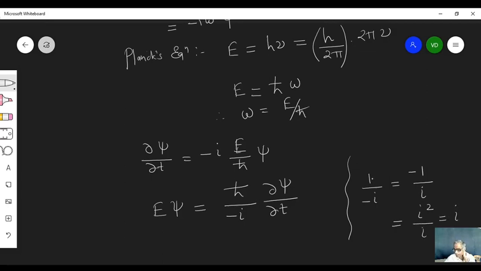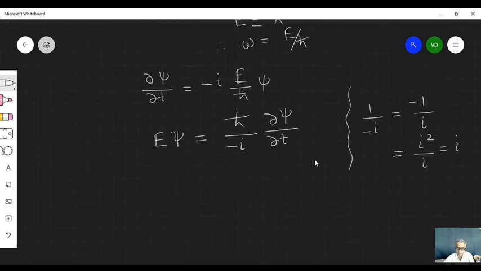You should remember that 1 divided by minus i is just minus 1 divided by i, and minus 1 is i square, so i square divided by i equals i. So I can safely write E psi equal to i h cross del psi by del t. This is the value of E psi.